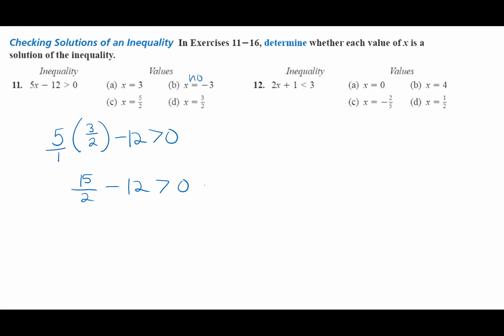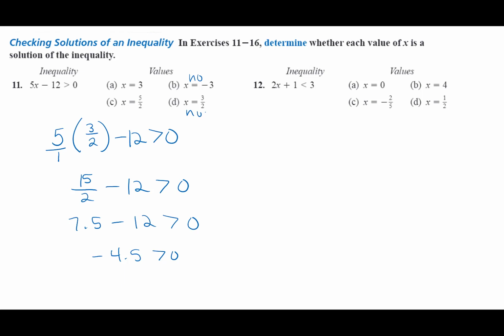And if we simplified 15/2 to a decimal, that would be 7.5 minus 12. Is that greater than 0? 7.5 minus 12 is -4.5, and that is not greater than 0. So answer choice D is also no.